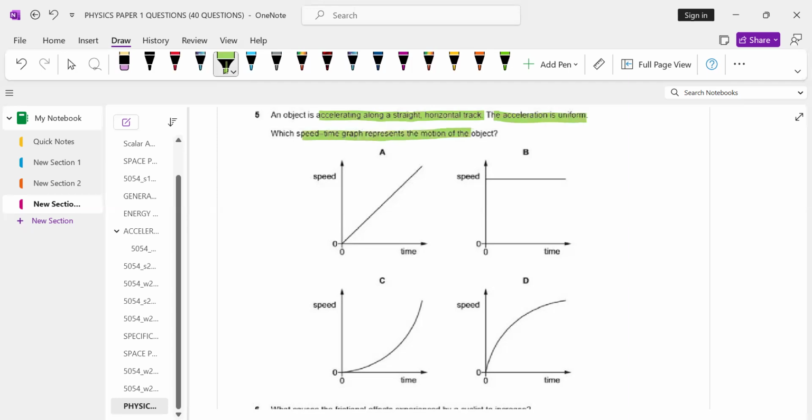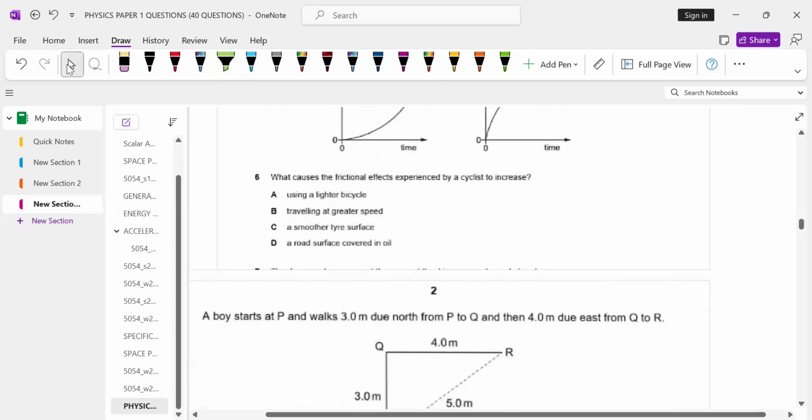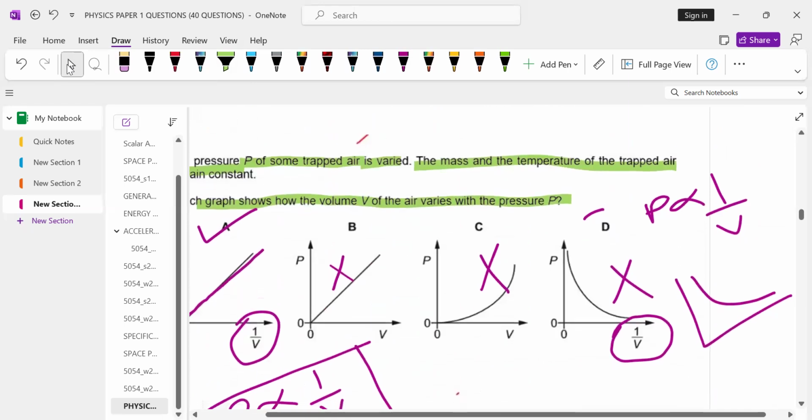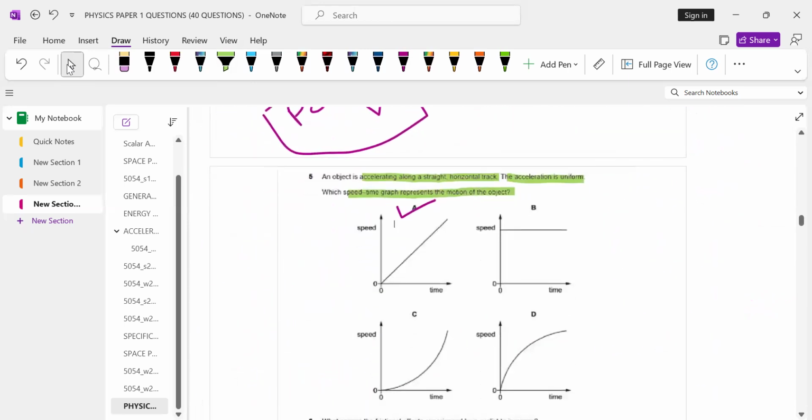Which speed time graph represents the motion of the object? So when the speed time graph and acceleration is uniform, option A is correct. This shows a constant or uniform acceleration. This was question number 18, this was question number 19.